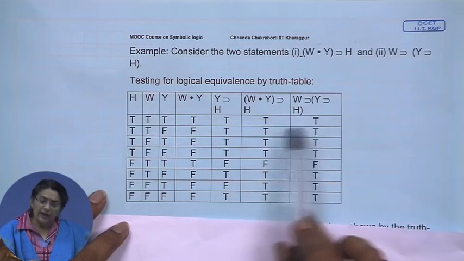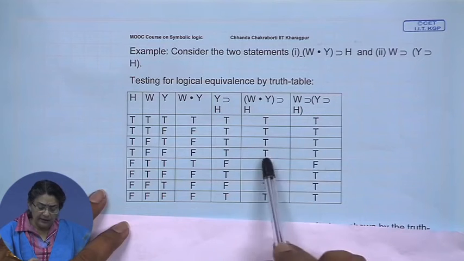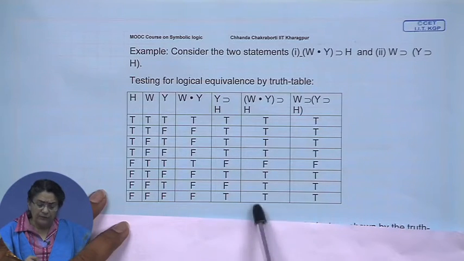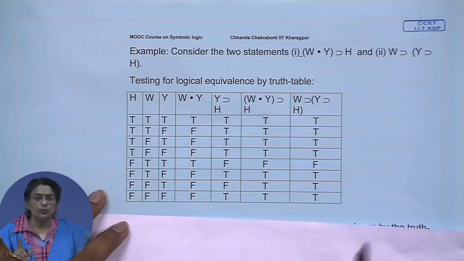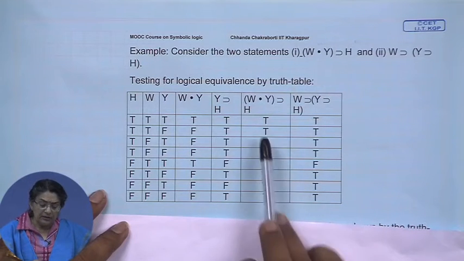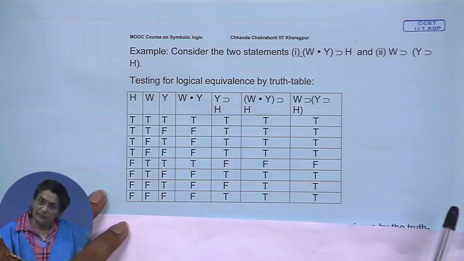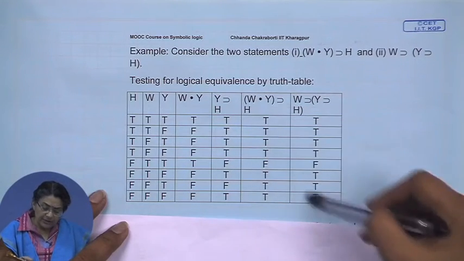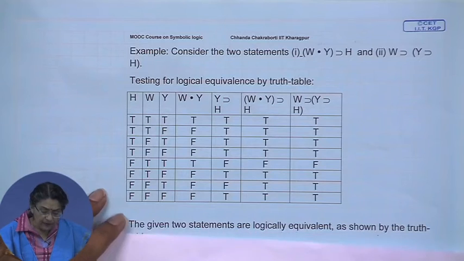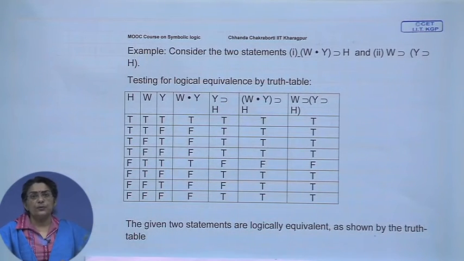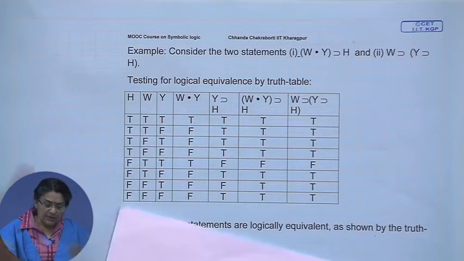So, we check every row and we find that there is not even one row in which the truth values of these two propositions differ, because it is an exact match, as you can see. Therefore, your result is that the given two propositions are logically equivalent, as is shown by the truth table. Get it? So, this is how you demonstrate whether two propositions are logically equivalent or not.